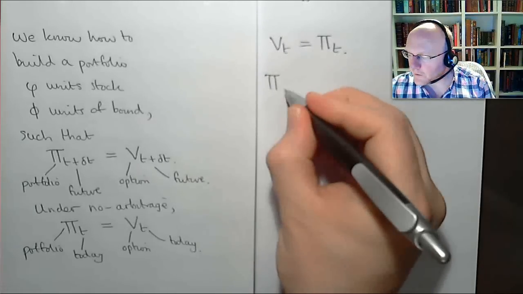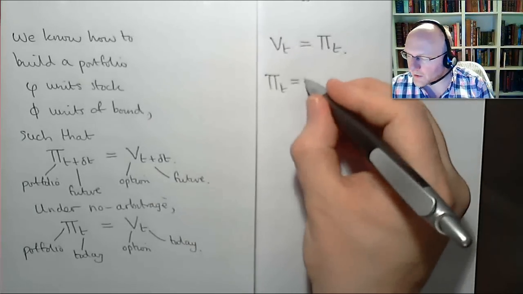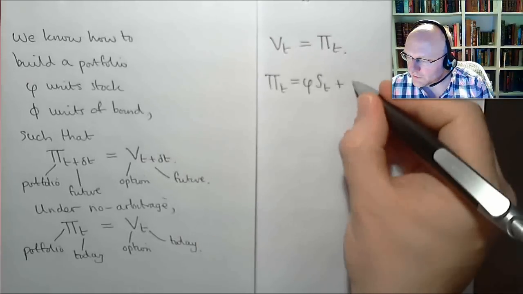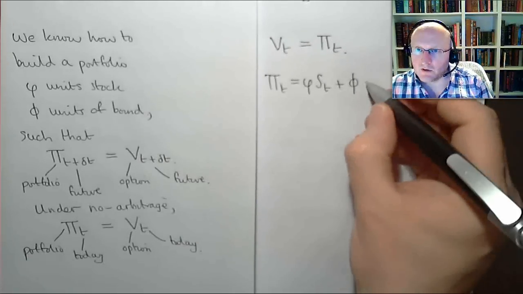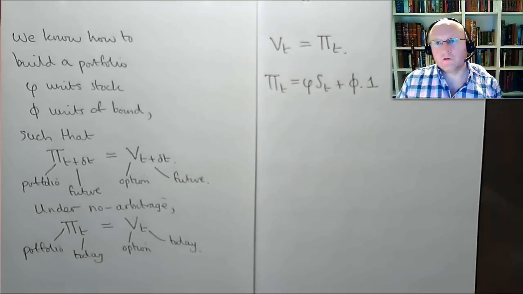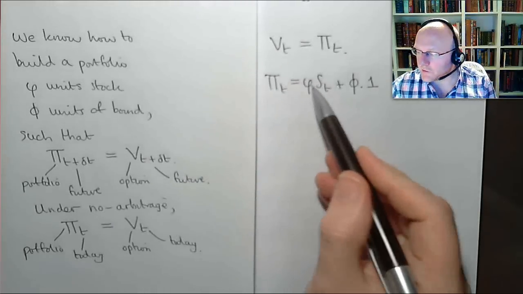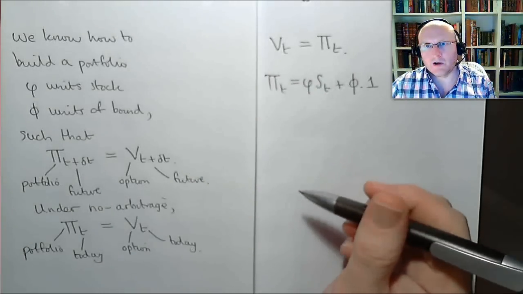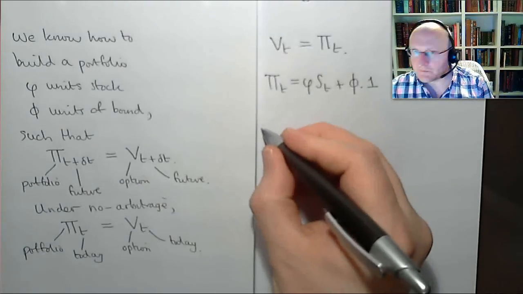But today's portfolio value was, well, we had a certain number of units of stock today plus a certain number of units invested in a riskless bond position today worth 1 unit of currency. So now we can plug in the two values for these constants from our earlier calculation and figure out the value of the option today.